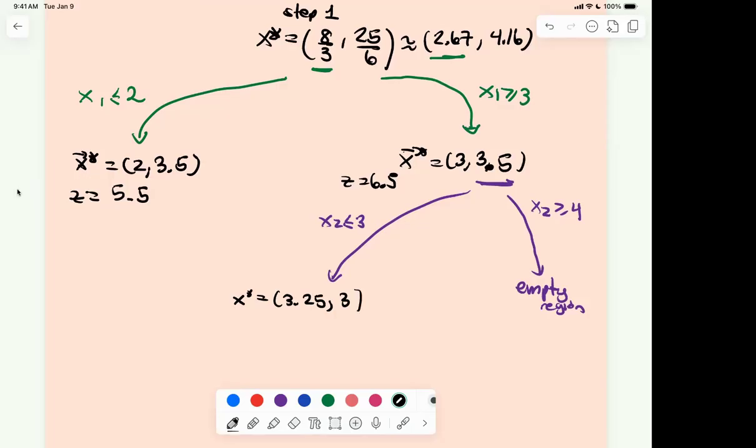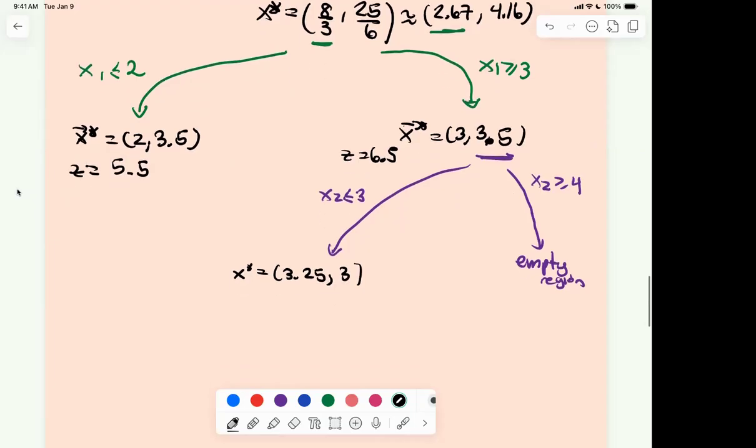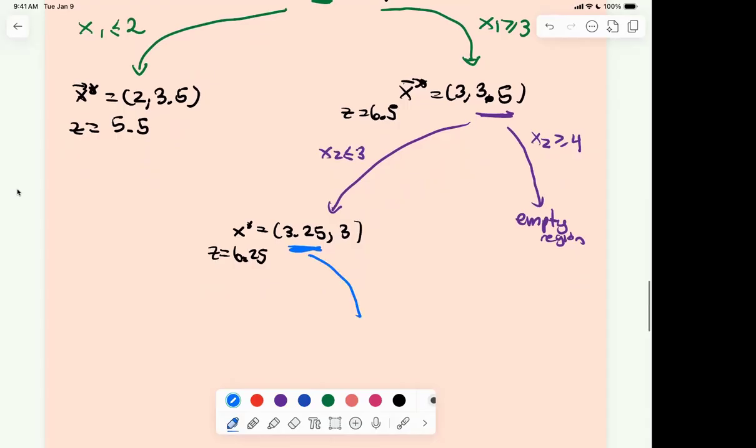So there's nothing to choose, because there's only one branch that survived here, because the other one was empty. But still, now you run into this problem where this one turned again into a non-integer. So you have to branch again here. And again, the branching occurs by asking x1 to be greater or equal to 4 and x1 to be less or equal to 3.